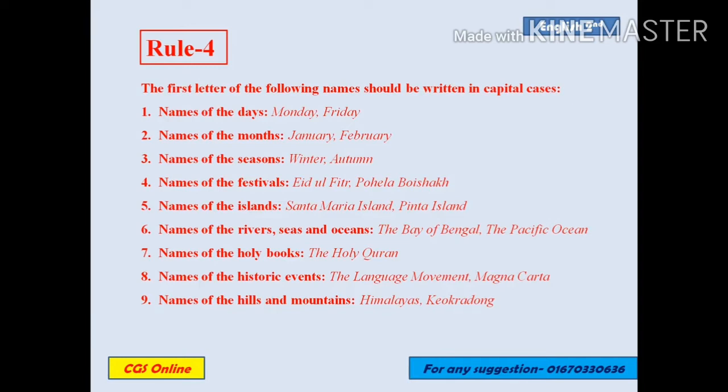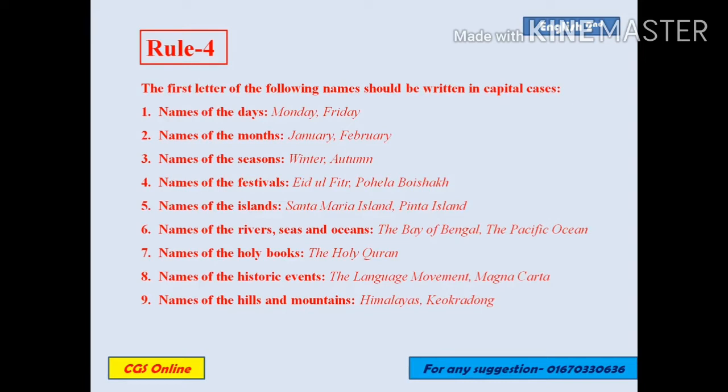This is one of the most confusing matters whenever we are writing something. When it comes to the name of the days, we get confused whether we will write it in lowercase or uppercase. Remember, there are so many Mondays or so many Fridays, but these names are proper nouns. The names of the days are proper nouns, and that's why they should be written in capital letter.